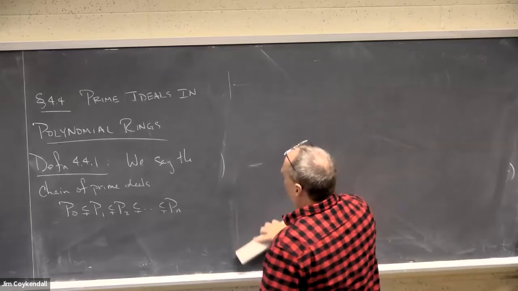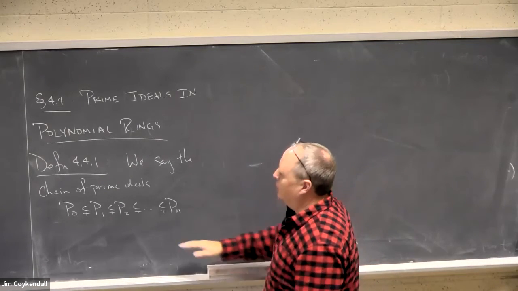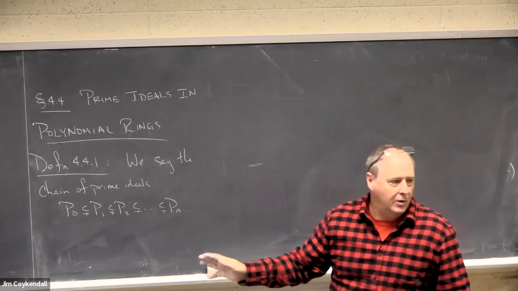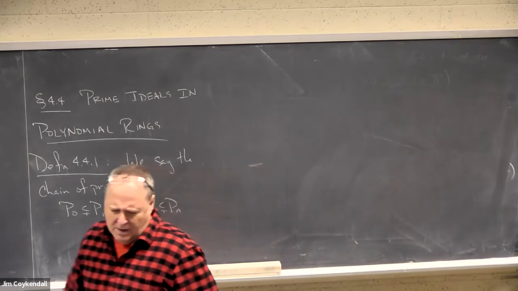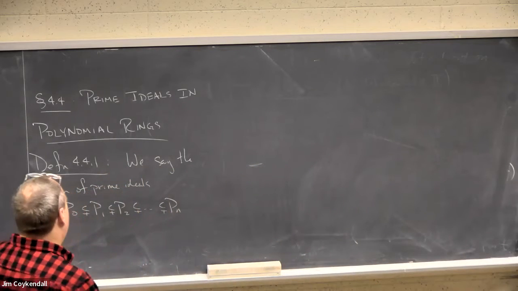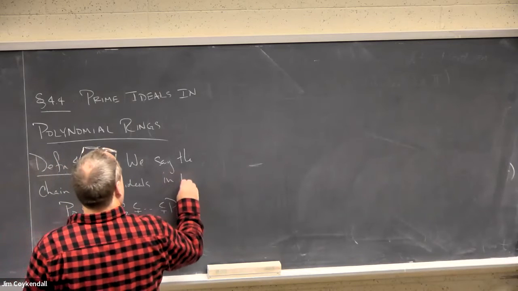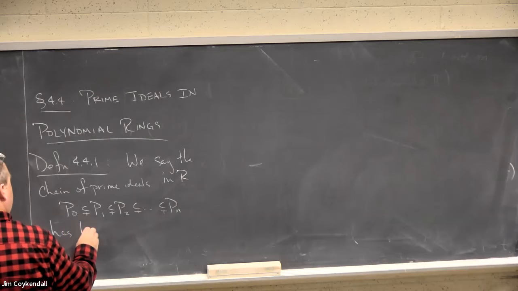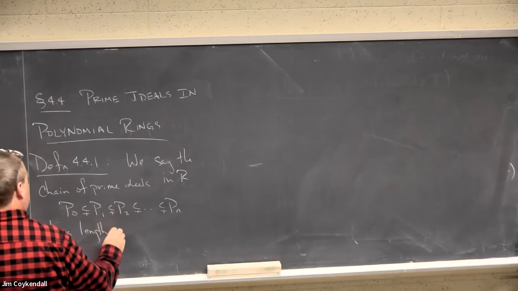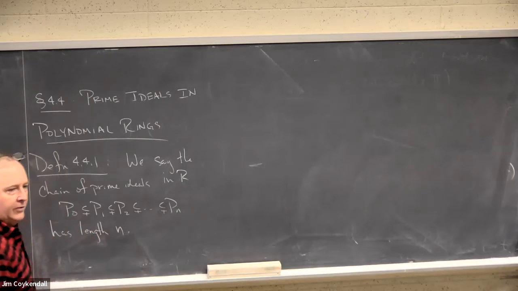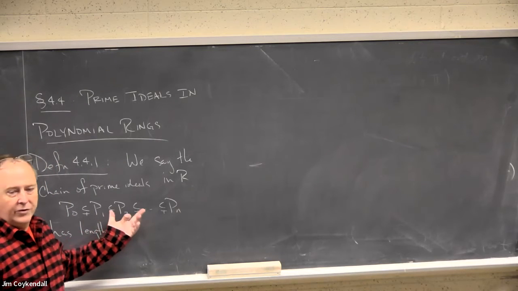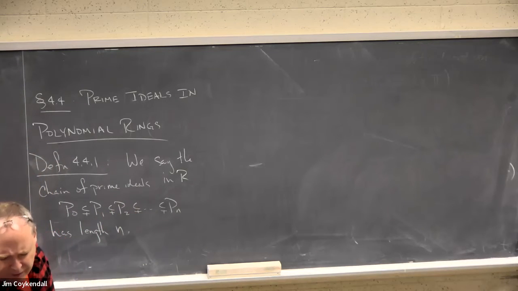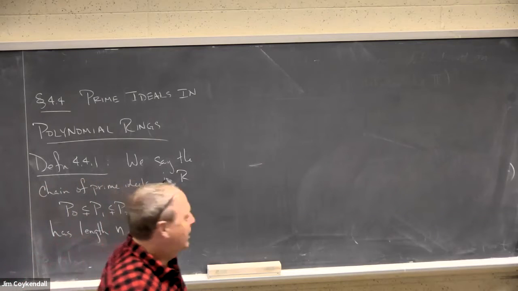So there are two things to note about this chain of ideals. Number one, I want them all to be prime. And number two, I want these containments to be strict. We're going to call this the length. So we start counting at 0. If P0 was just by itself, we'd say it has length 0. We define the Krull dimension to be the supremum over the length of such chains of primes in R.